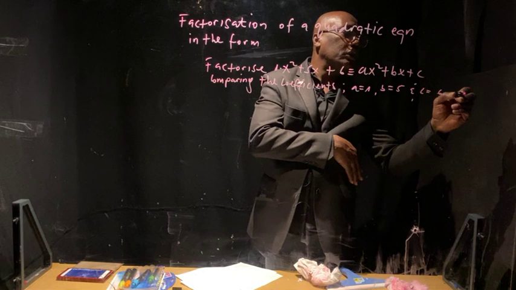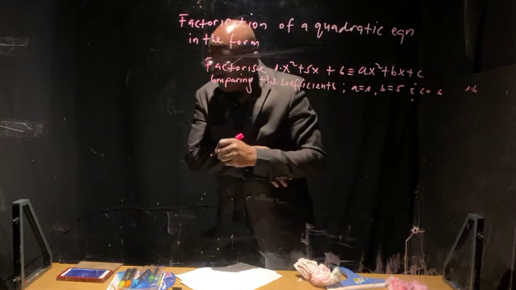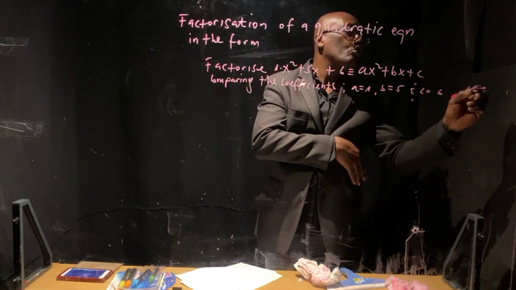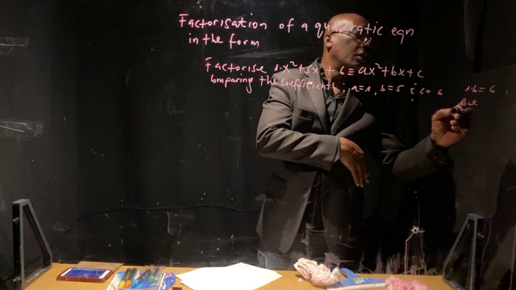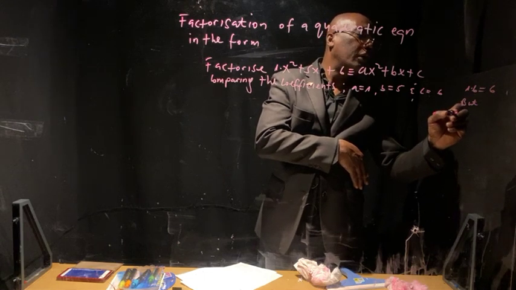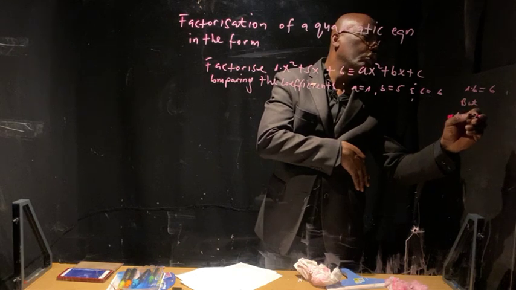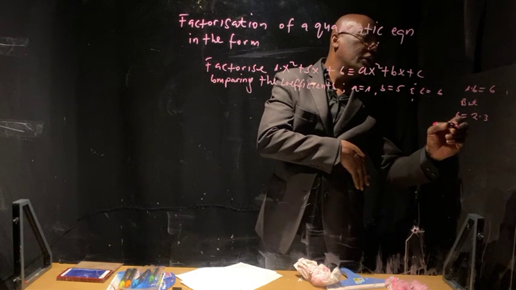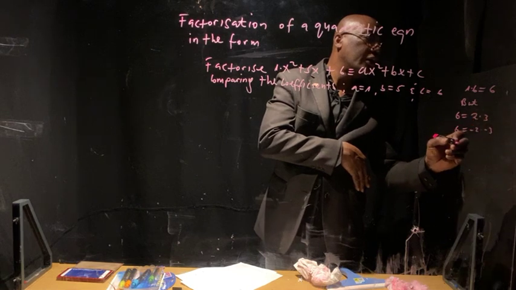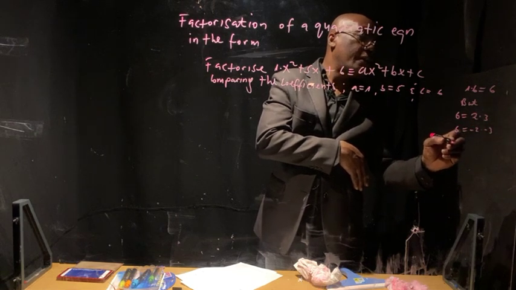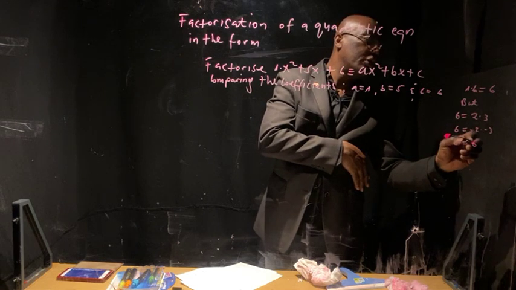So what I do is that 1 times 6 is equal to 6. But in general, 6 is also equal to 2 times 3. 6 is also equal to minus 2 times minus 3. 6 is also equal to 6 times 1.